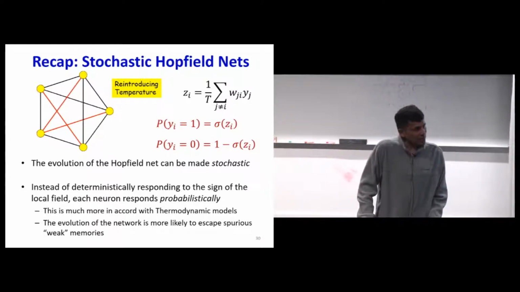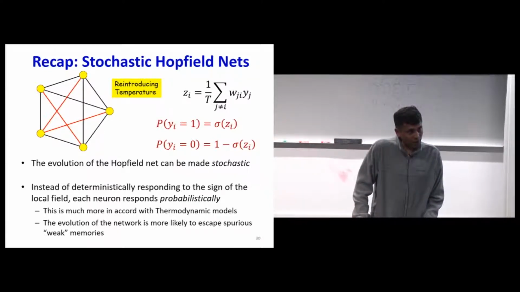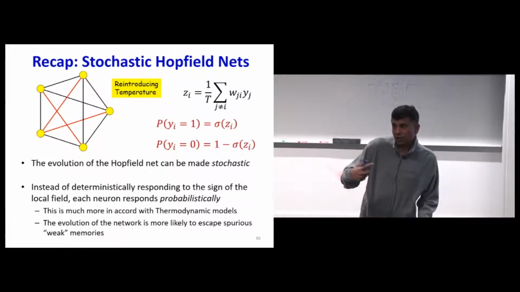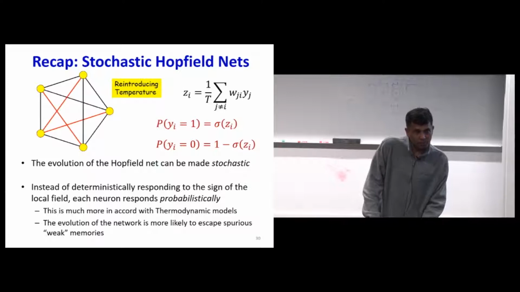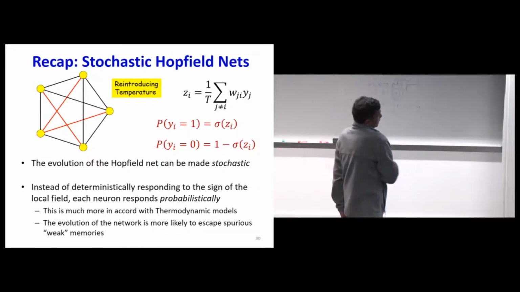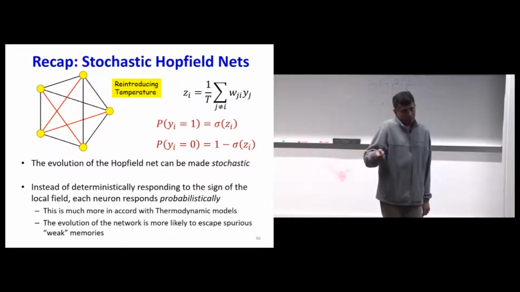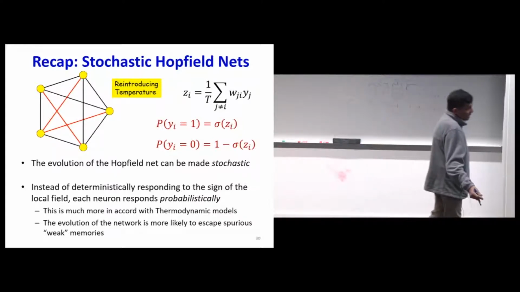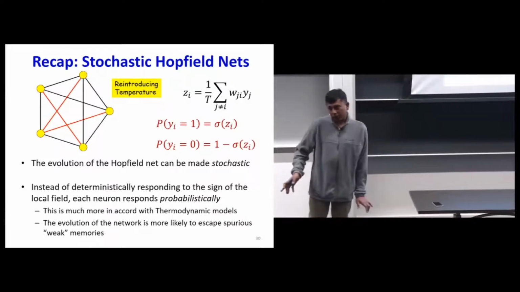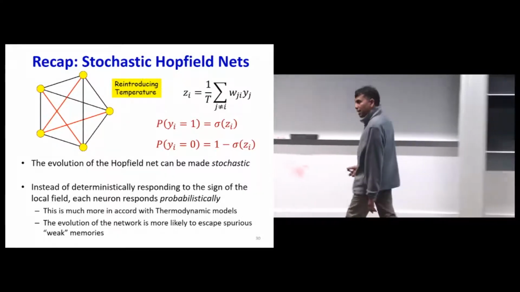When you compute the field, the affine combination at any neuron, in the basic framework, you just computed a logistic on this affine combination. Instead of computing just a logistic, now you can also multiply the z by 1 over T, where T is a temperature parameter. If the temperature parameter is 1, then this is the standard Hopfield network. But then it can be something other than 1.